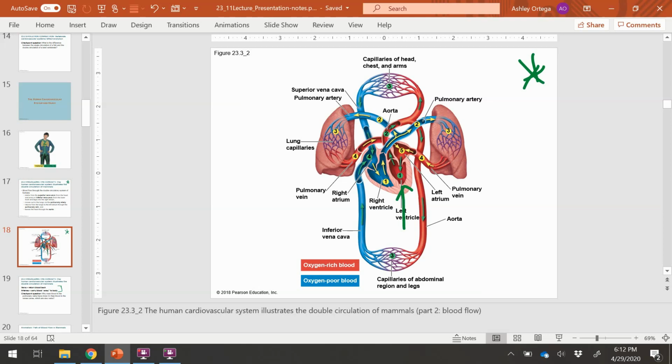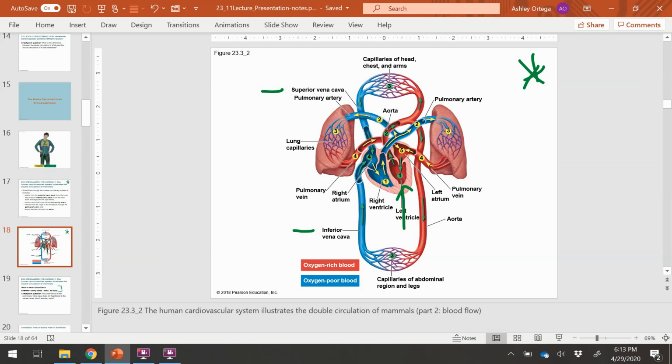So returning back to the heart from the head, chest, and arms will be through the superior vena cava. And then returning from the abdominal region and legs will be the inferior vena cava. And so that's going to then go to your right atrium. The right atrium is going to temporarily store that until it gets to the right ventricle, where then it's going to pump the oxygen-poor blood to the lungs. And as it's leaving the heart, anything that leaves the heart is going to be an artery.